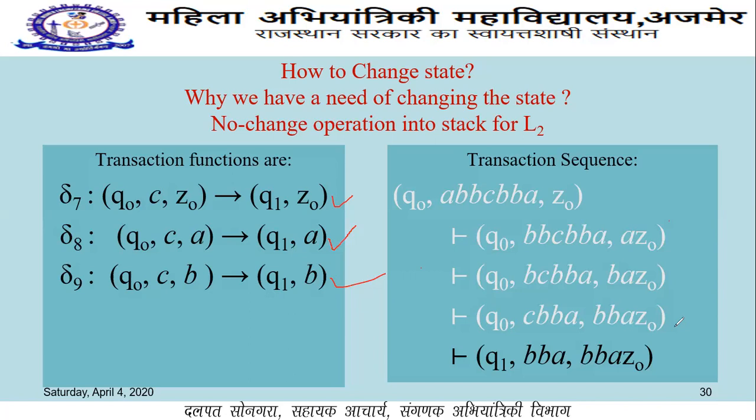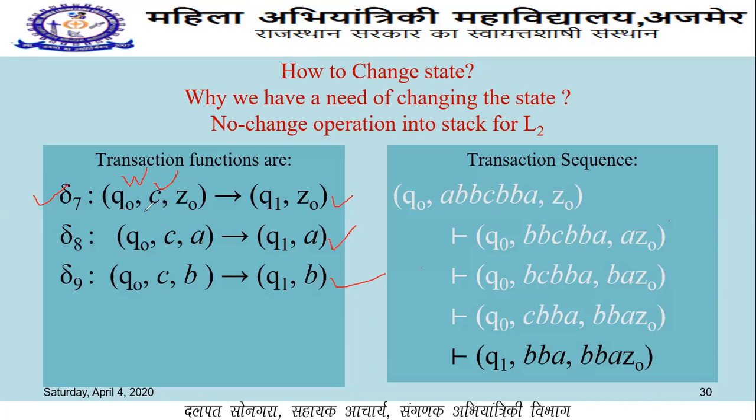Okay, one more thing, students: this delta 7 is only used when your W is equal to null. It means W is null, then WR is also null, and your input string is only and only C. In that case, it is also accepted because this also belongs to L2. Only C also belongs to L2.